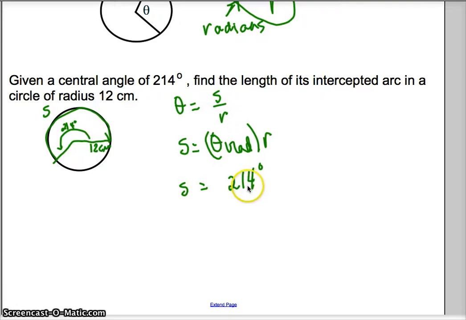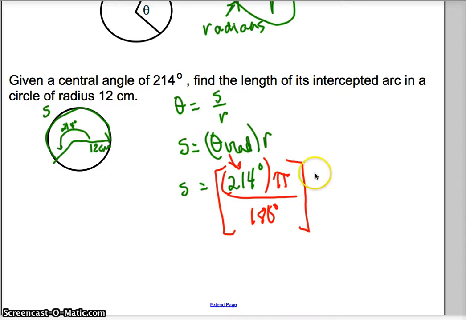Because this is in degrees, we have to convert to radians. Remember, to convert degrees into radians, we multiply the degrees by pi radians divided by 180 degrees. This will give us our theta in radians, and then we multiply that by our radius of 12 centimeters.